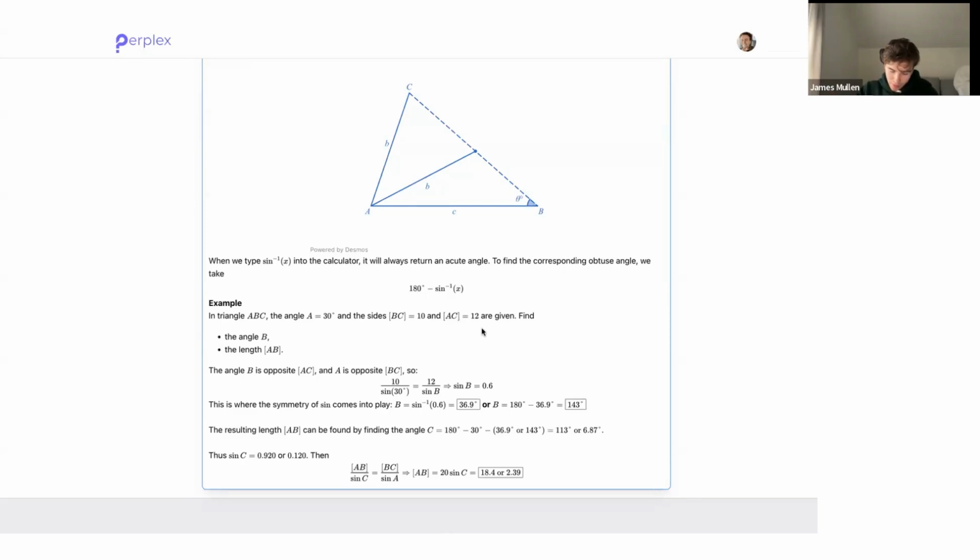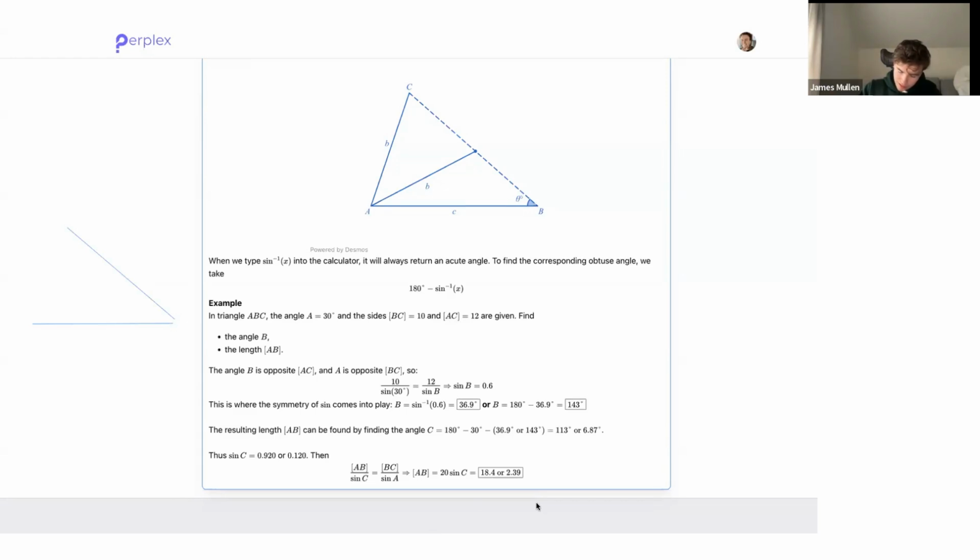So let's say we have BC. I would have to change the diagram a little bit, so I'm just going to draw a new one. I have BC equal to 10, and then I have AC, which is 12.